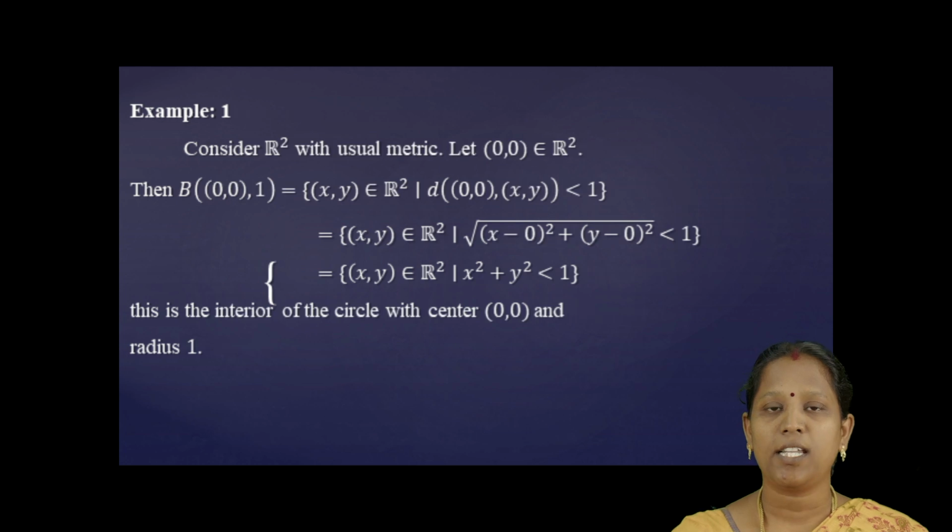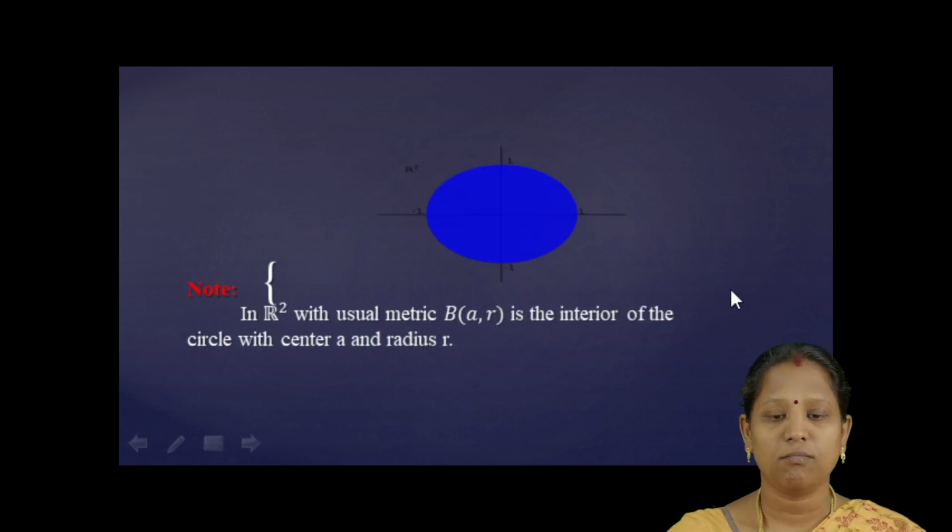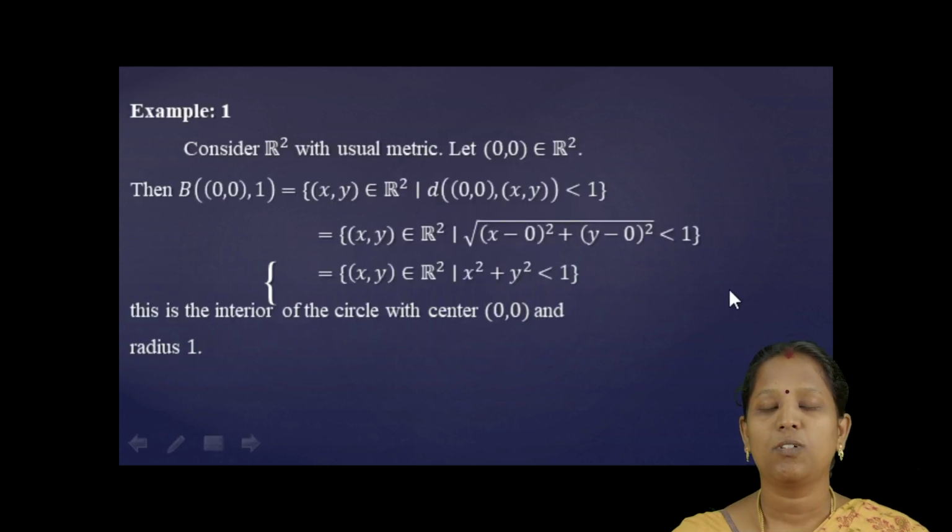Here the metric is the usual metric, so the distance between the origin and a point (x, y) is the root of (x minus 0) whole square plus (y minus 0) whole square. So this ball contains all the points (x, y) in R2 such that x square plus y square is less than 1.